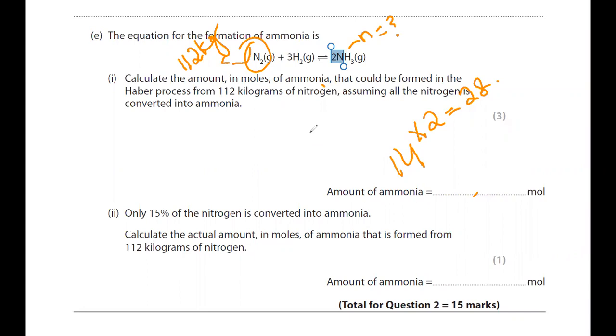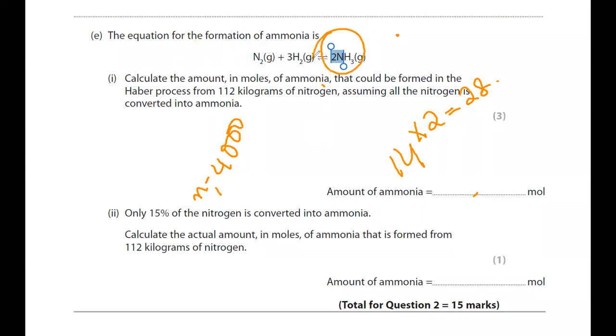Exactly. So then divided by your 28. So what does that give you? 4,000.